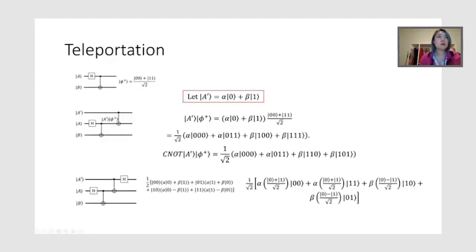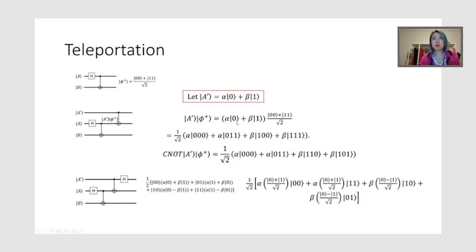Step by step, they first prepare their qubits in this plus Bell state. And then we say, just let A dash be this arbitrary state. We don't know what alpha and beta are. Then you have Alice's new state A dash, and one of the qubits of the Bell state belongs to Alice. So the whole system is A dash and phi plus.